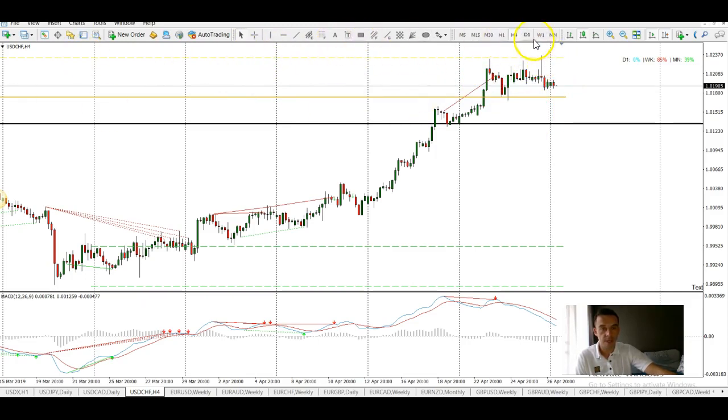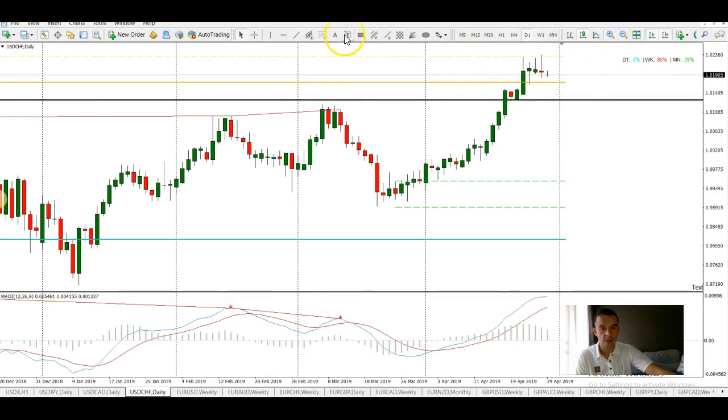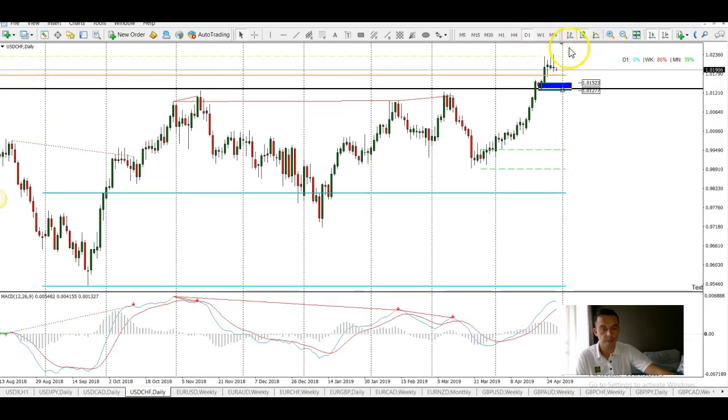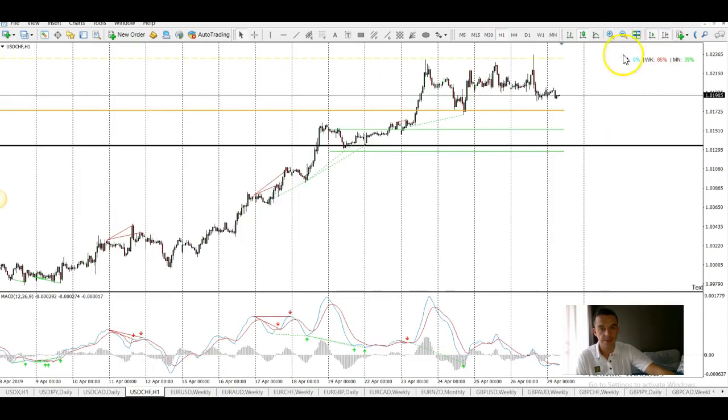Looking for a daily setup. Said there's a daily buy zone just at that breakout that we talked about. Daily buy-in area. So likely to see a drop down here anyway.